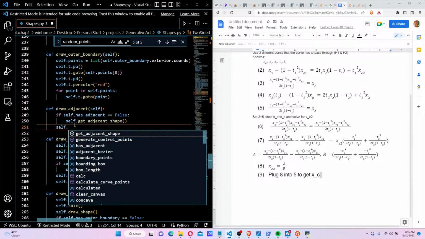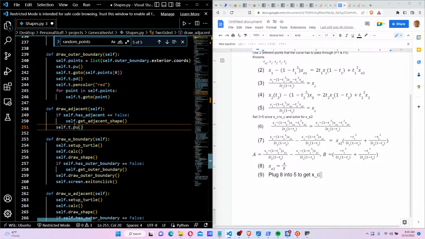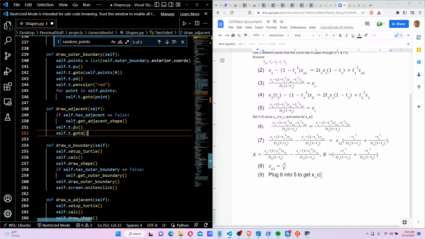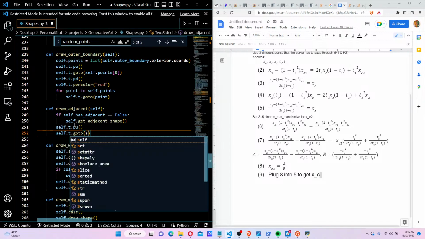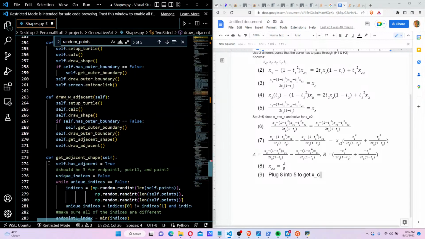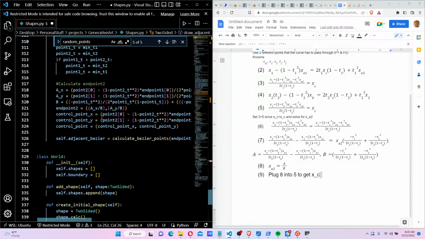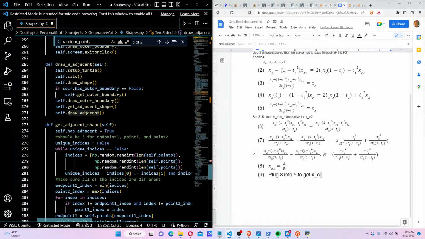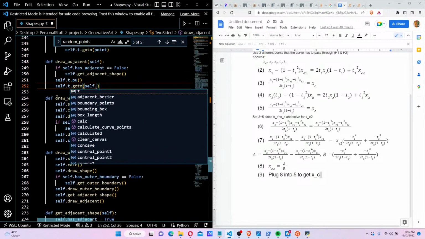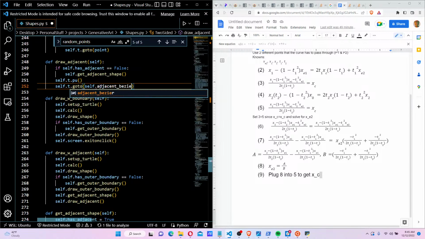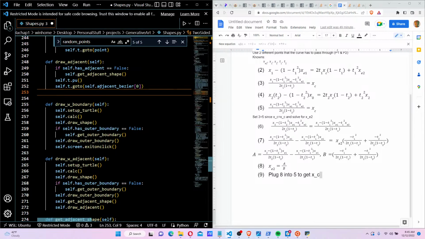So pick up the turtle. Now we're going to go to the first point on the curve, self.adjacent Bezier. So go to the first point and then put it down.